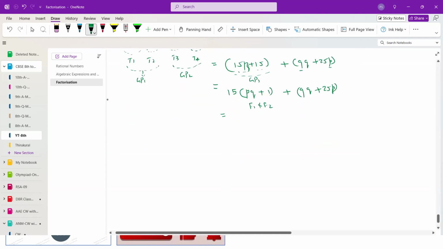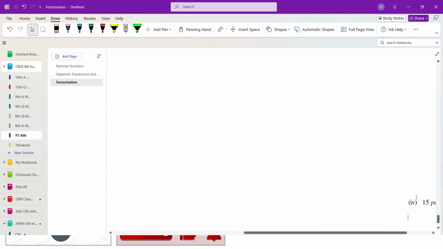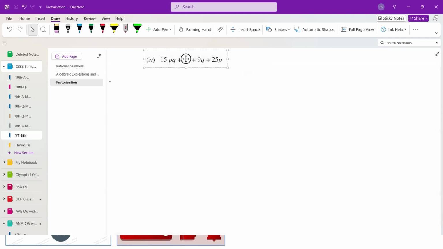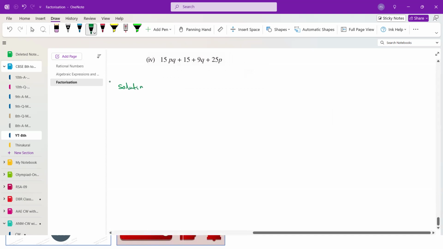Now we'll write it again, one second, I'm just pasting that. So the solution is 15pq plus 15 plus 9q plus 25p.